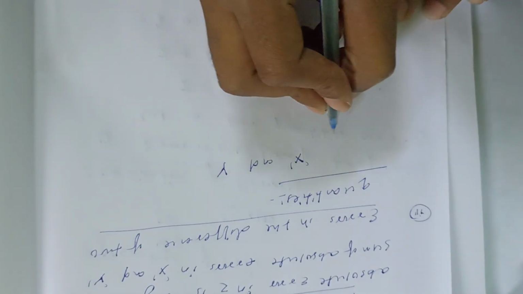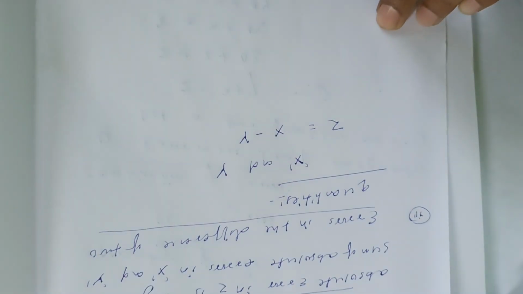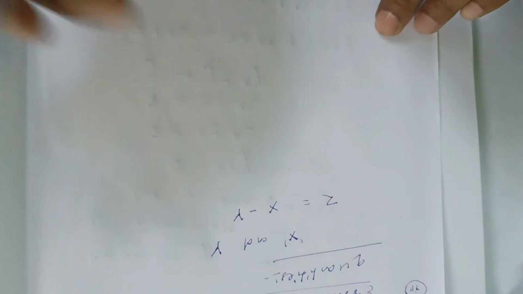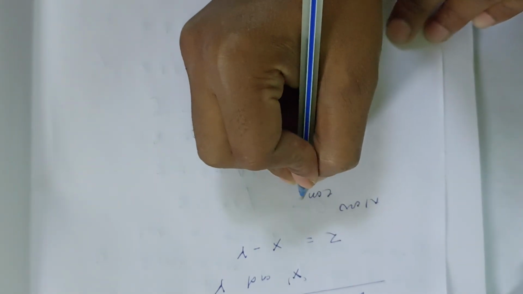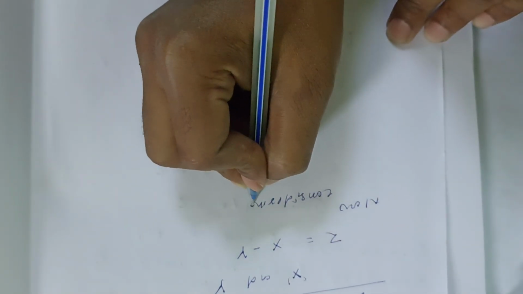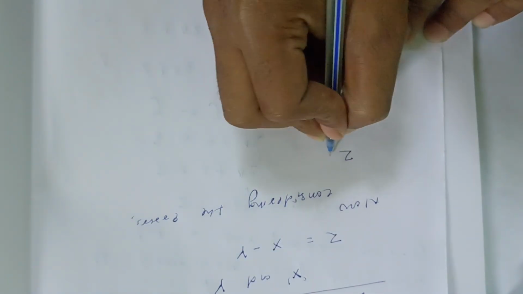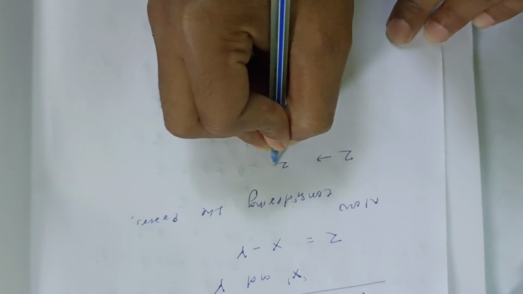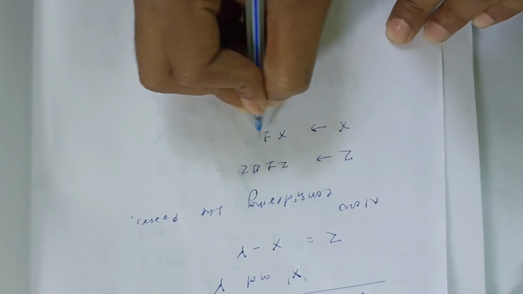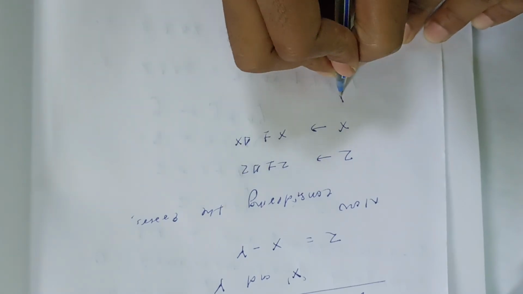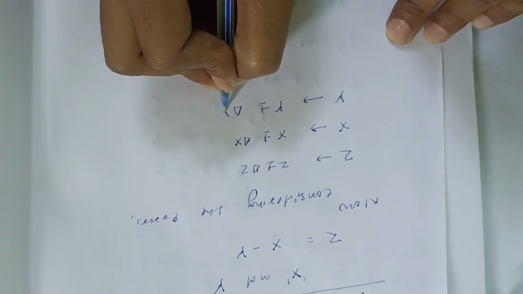So their difference is z equal to x minus y. Considering the error, z plus minus del z, x plus minus del x, y plus minus del y.